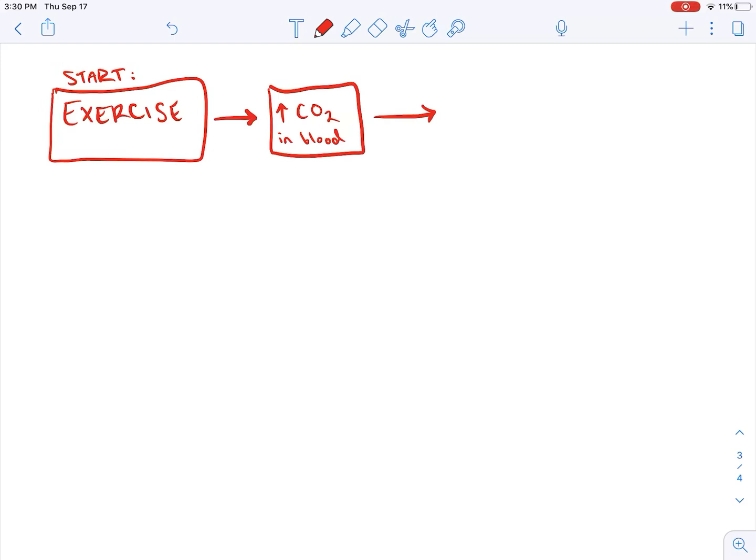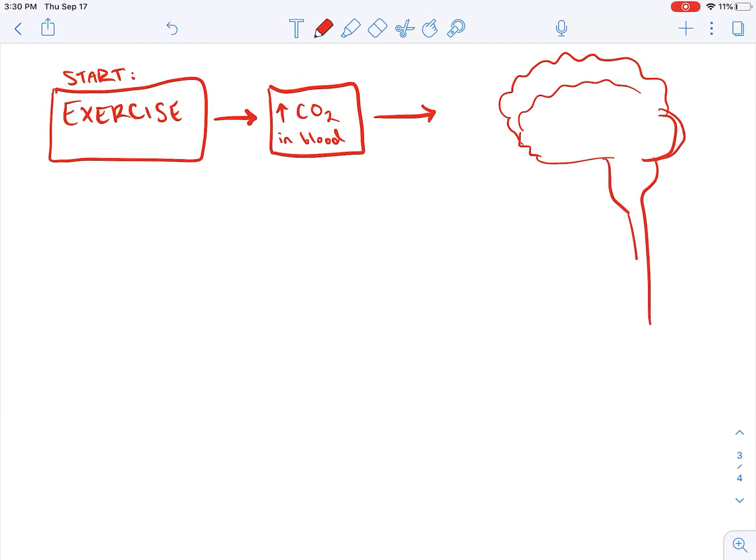This needs to be sensed by a chemoreceptor, and that's going to be in the brain stem, which is not the part of our brain responsible for thinking or emotions. It's this part at the bottom, which then connects to our spinal cord.